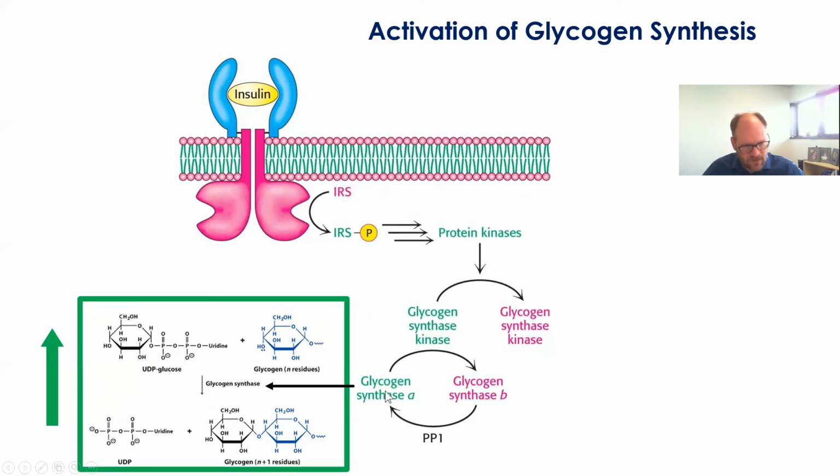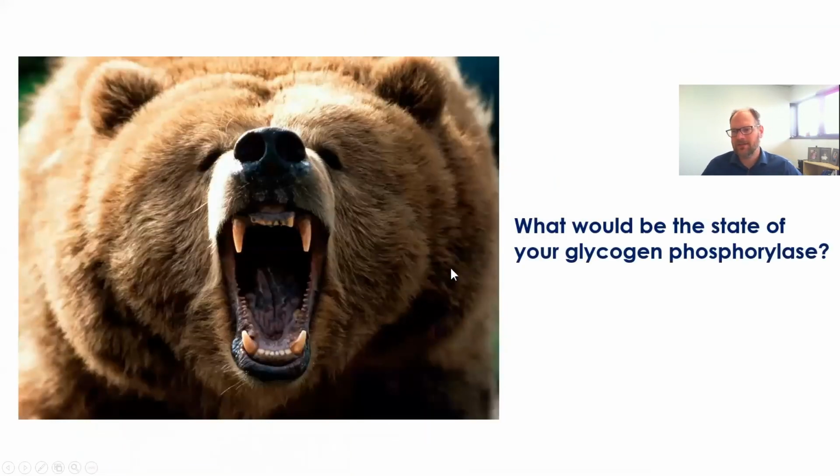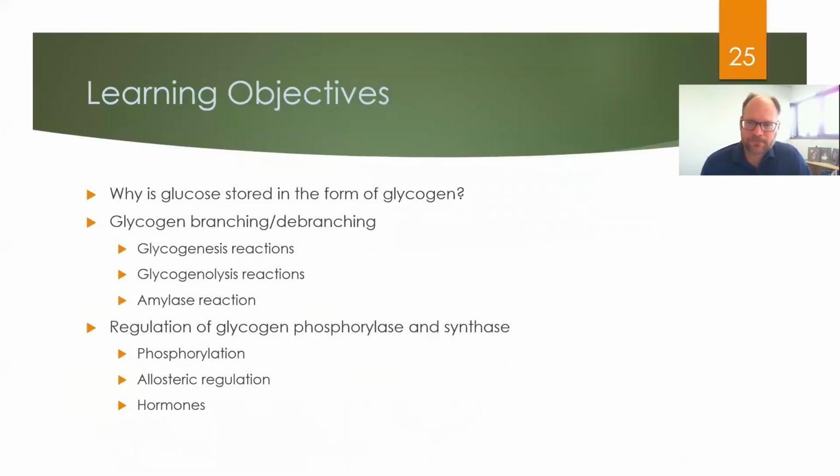So one of the main take-homes of today's lesson is that we use glycogen as a way of storing carbohydrates, and that serves both intracellular energetic needs as well as whole body physiology. These multiple layers of regulation that we learned about today serve both those functions.